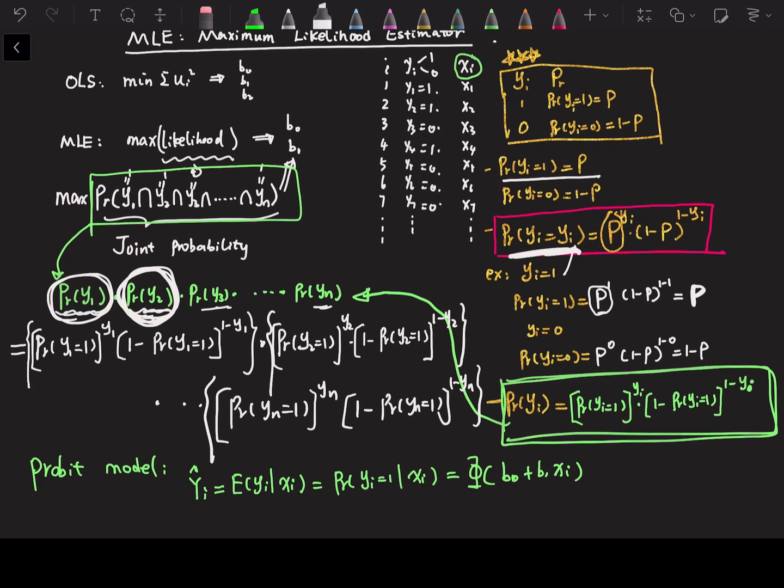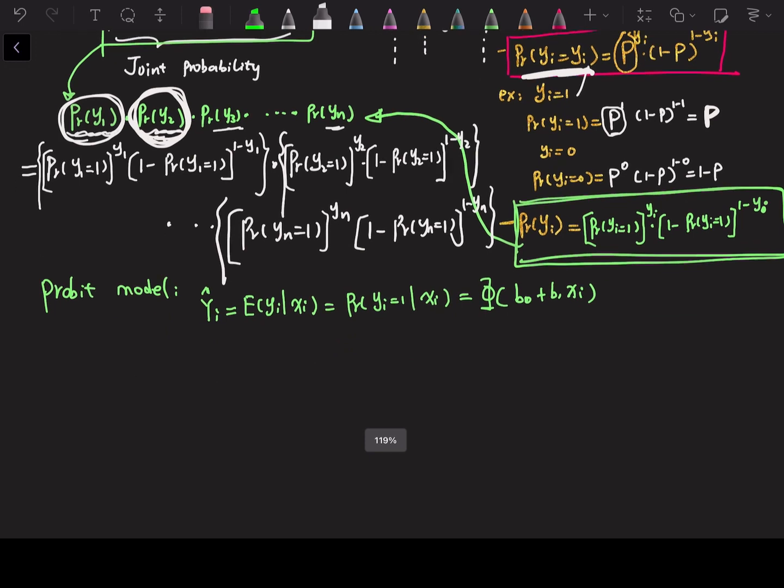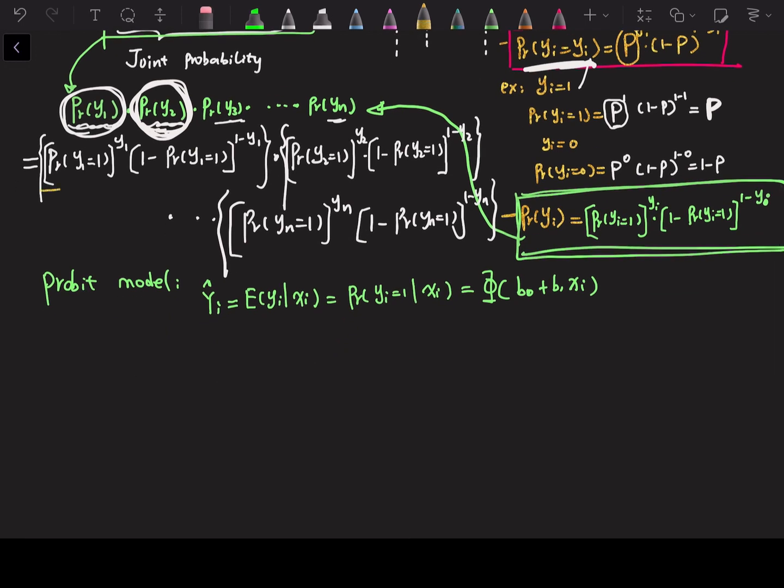Right, so now you use this. Let me move up a little bit. You have this term, phi of b0 plus b1 x1, which is the probability that y1 equals 1 given a value x1.